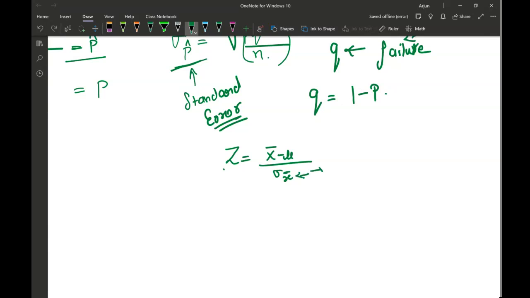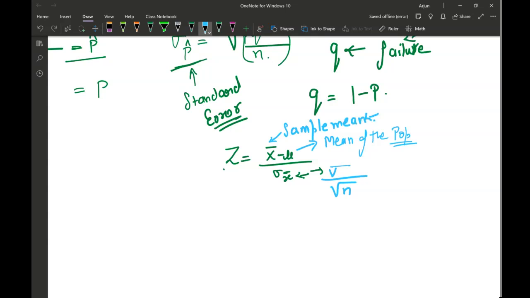This was the standard error, equal to sigma upon square root of n, and mu was the mean of the population, same as the mean of the sample means, and x bar is the sample mean, and this was the z-score.